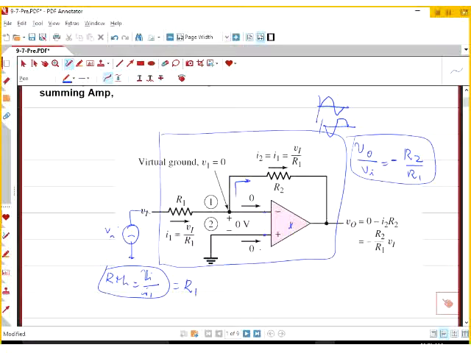So if the input is on the plus pin, your input resistance is infinite. Why? If I have a source here, what is the current coming out of that source? Zero, because there is no current going through the op-amp. If it's zero, you have VI divided by zero, so your input resistance is infinite. In the other case, it's R1.